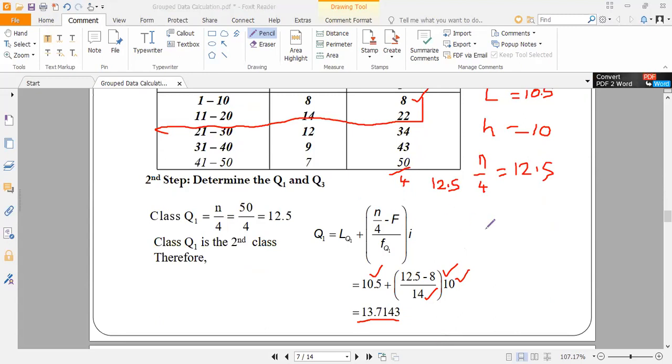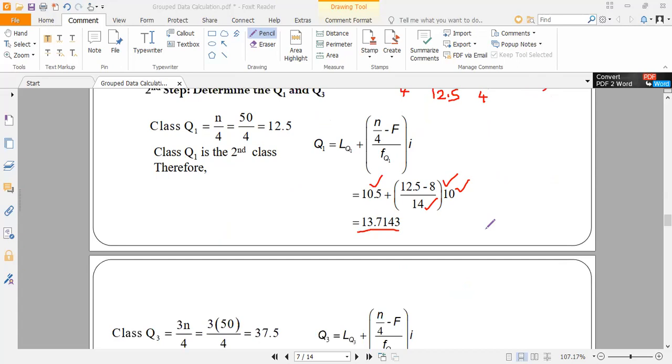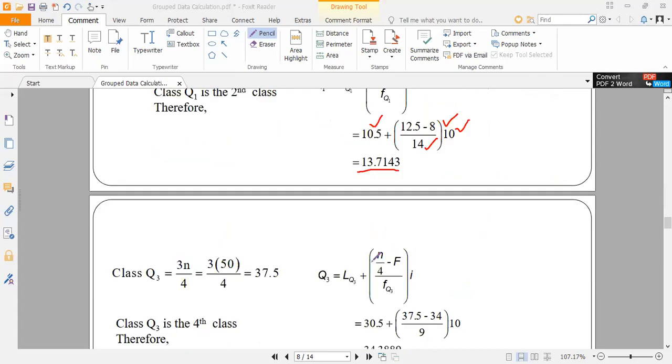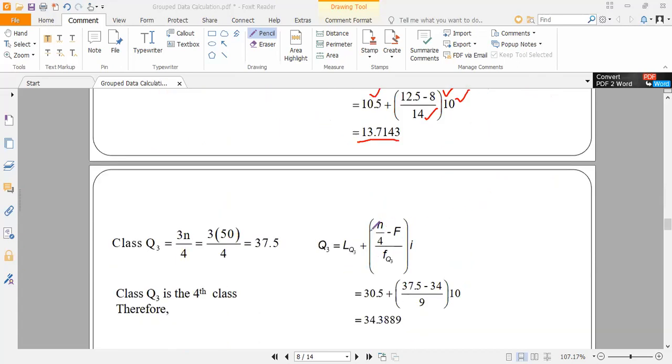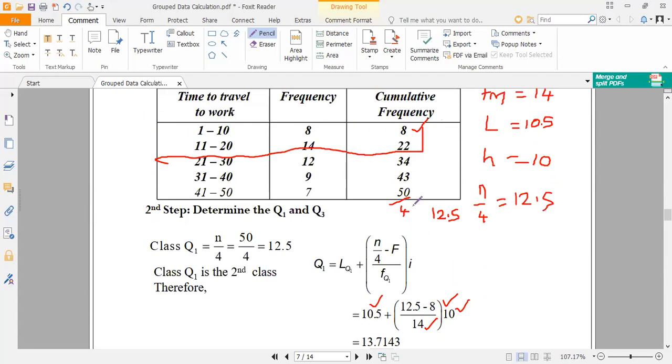Okay, so finally, let's go to the upper quartile. The only difference is here we're going to have 3 quarters, or 0.75. What is 3 quarters of 50?